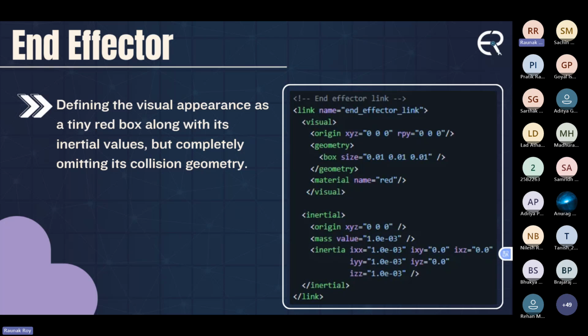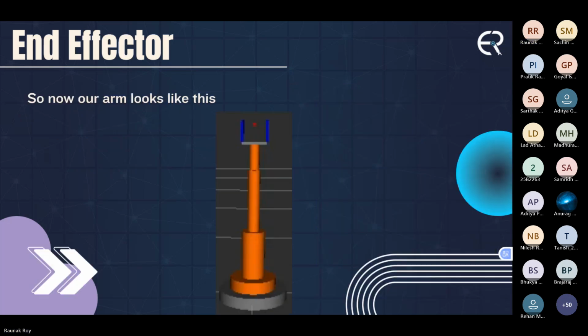And then we'll define the visual appearance as a tiny red box along with its inertial values, and we'll give it negligible physics so that it does not interfere with the arm grabbing objects. And now after implementing that, our arm will look like this. That small red cube at the center is our tool center point, our end effector.